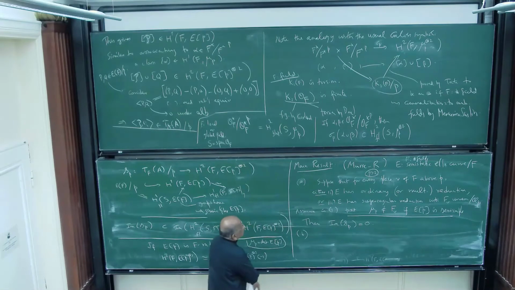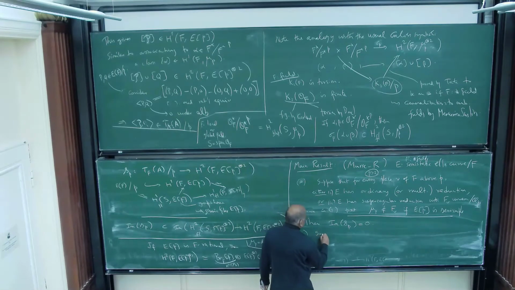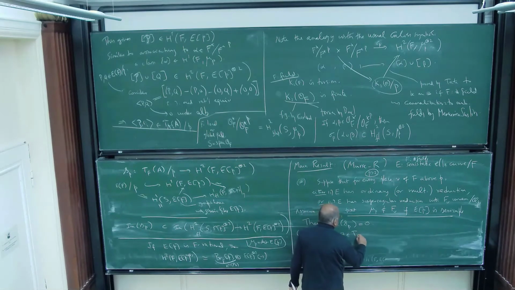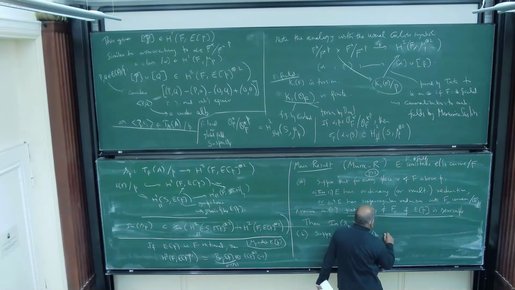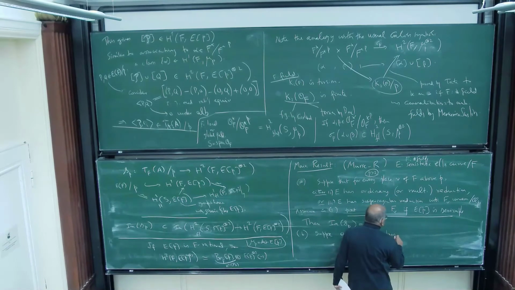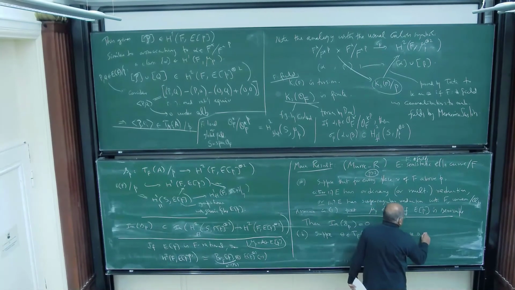And then the second thing is that suppose we have a class theta in the Tate–Shafarevich group mod P. Ah, sorry, I forgot to mention something very important. I will mention it after the theorem. Suppose theta has image 0 under S_P.